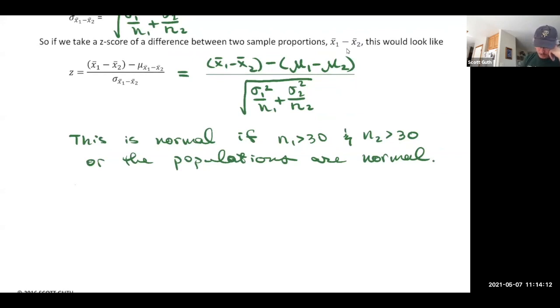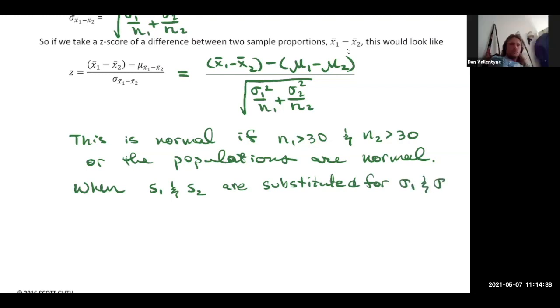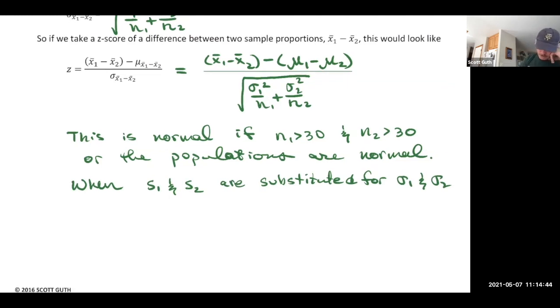I should add that when S1 and S2 are substituted for sigma 1 and sigma 2, the statistic becomes T. So you'll see that in a couple of sections.